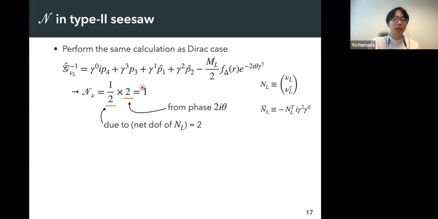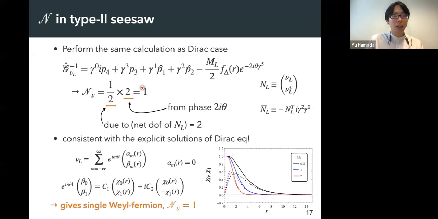This means that there should be one Jackiw-Rossi-type fermion coming from the left-handed neutrino in this model. And actually, this is consistent with the explicit solutions of the Dirac equation. In our paper, we explicitly solve the Dirac equation for the left-handed neutrino in the Z-string background.